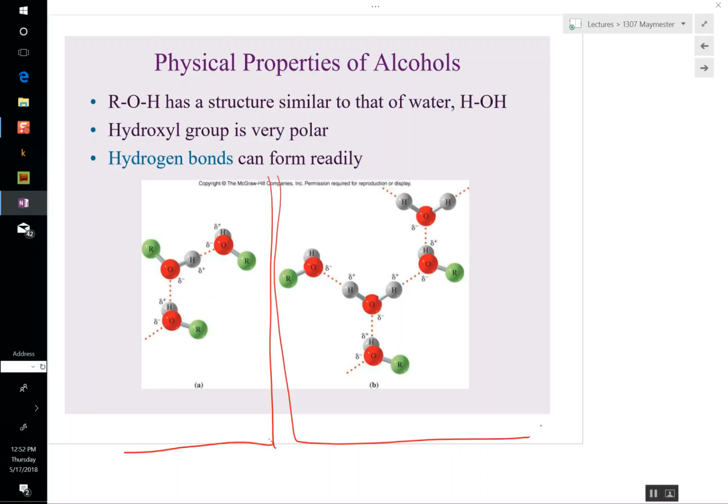The hydrogen here, which is positive, is attracted to the oxygen over there, which is negative. That's a hydrogen bond. And it's coming about because of the polar nature of this bond. This hydrogen is attracted to another oxygen over there. So the alcohol molecules themselves are attracted to each other through hydrogen bonding.